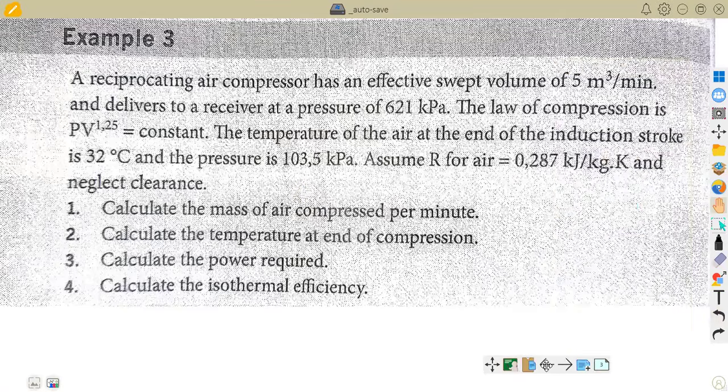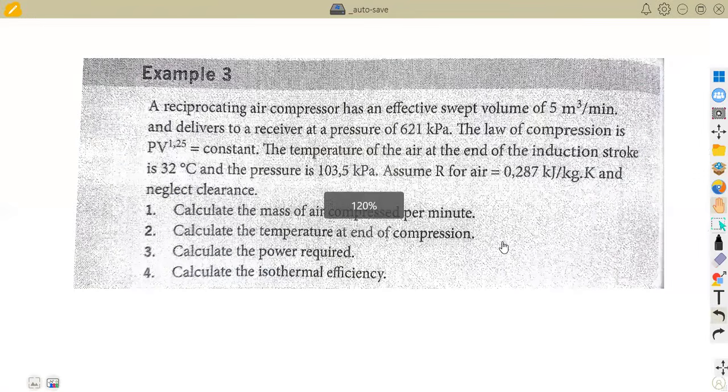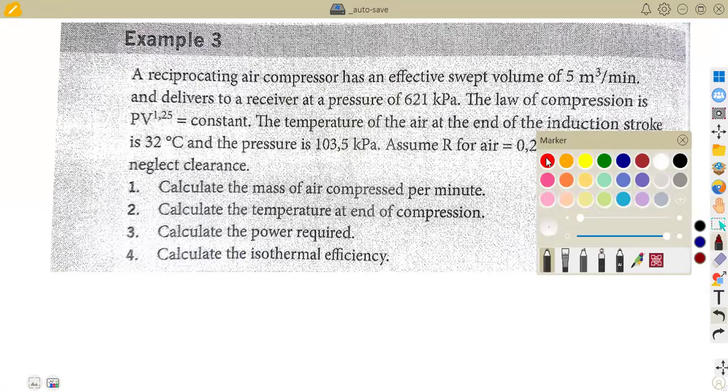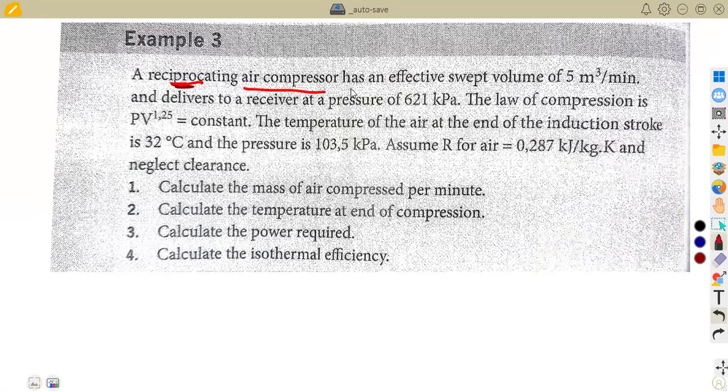So there's another question. Let us consider this as our last question, so that we check how question papers ask these questions. Here we are given a reciprocating air compressor with an effective swept volume per minute.